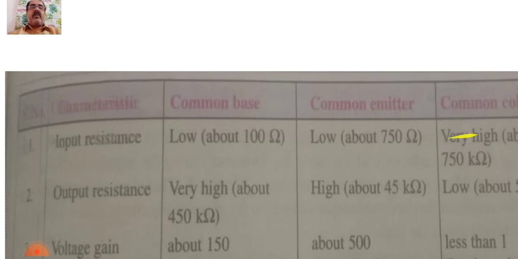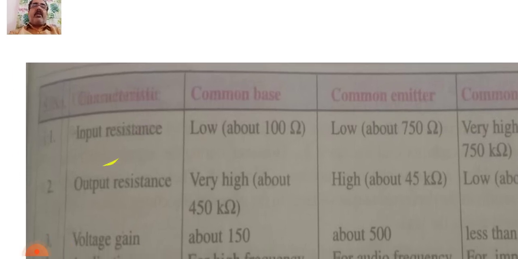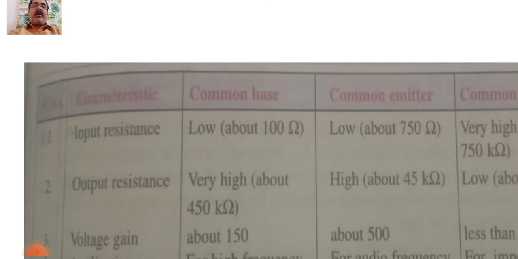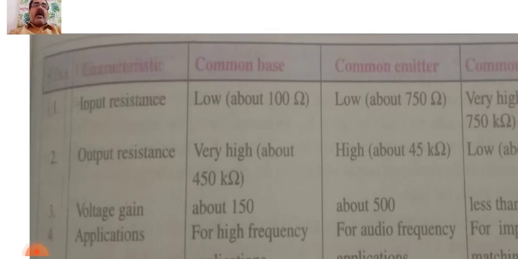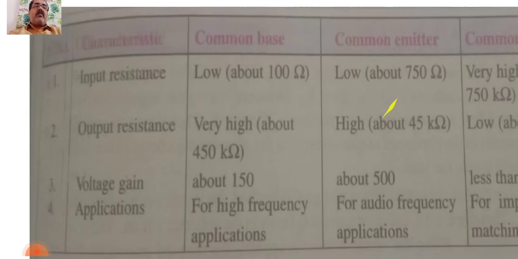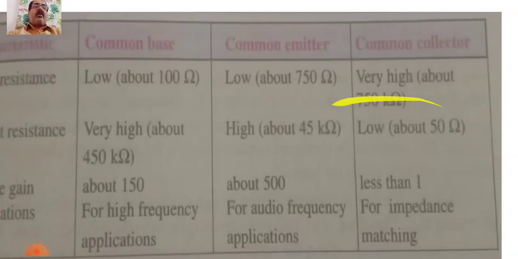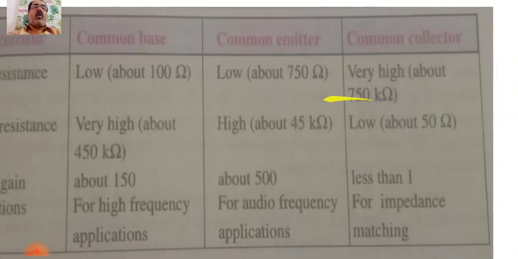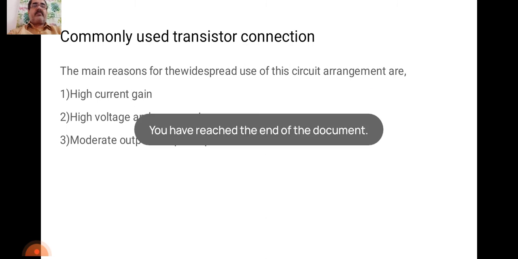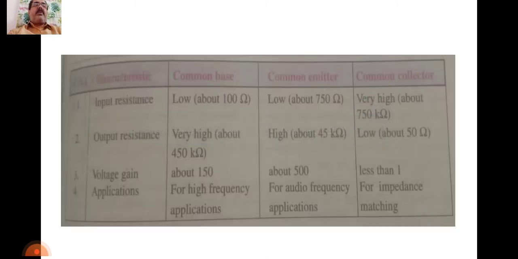For the input resistance, common base is low, common emitter is low, about 750 ohm, and common collector is very high, about 750 kilo ohm.